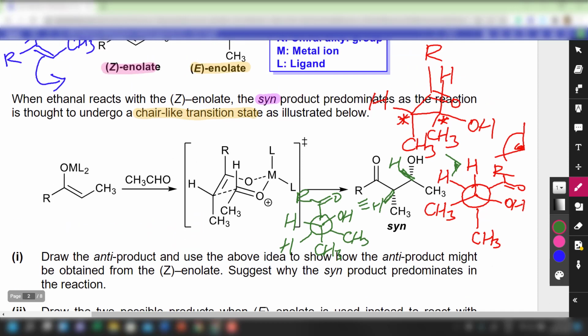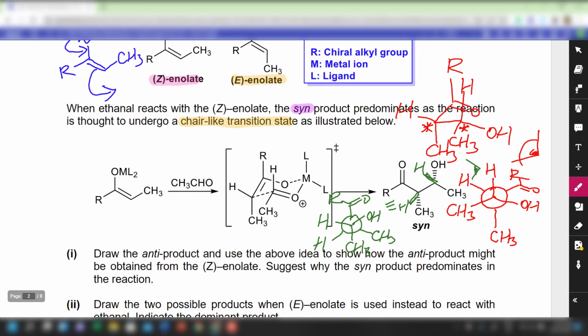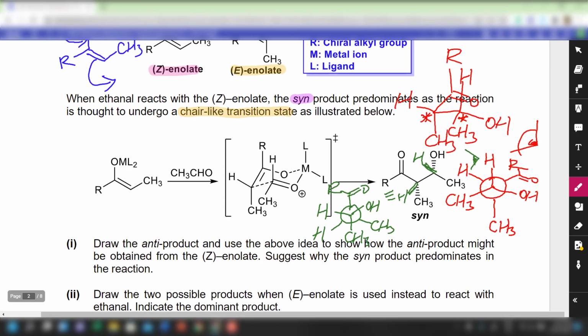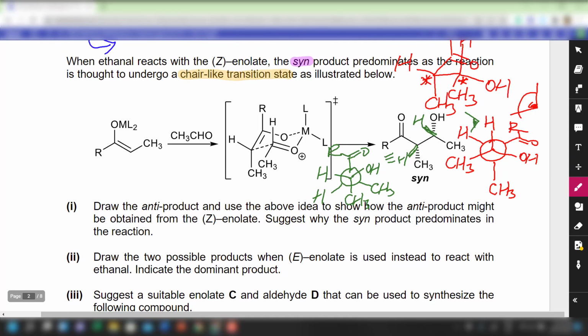This is how we predict the products. Again, if you are not convinced, it is often good to convince yourself by drawing out the relevant 3D conformation. Okay, next. I realize I have been talking a lot, but I haven't been answering the question.